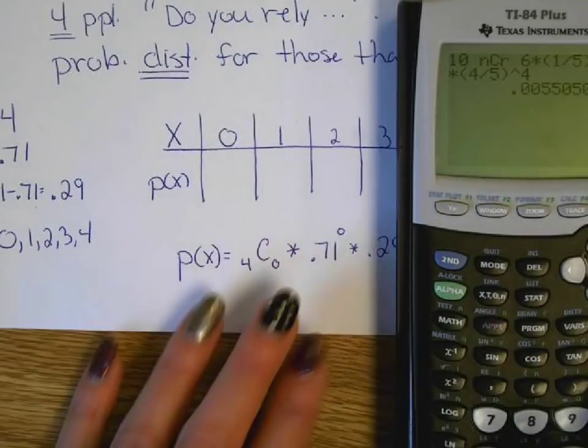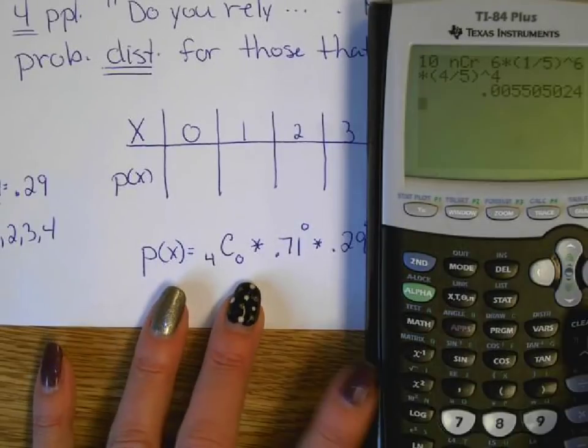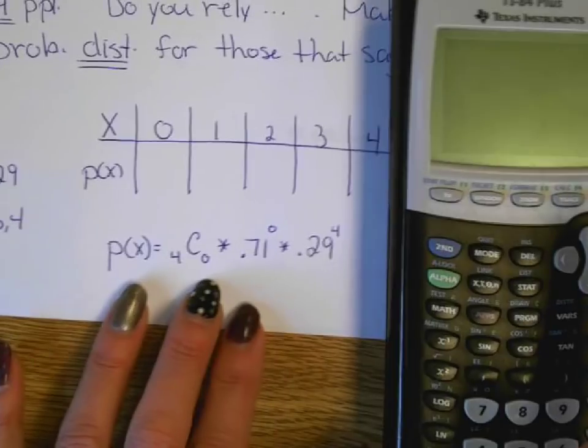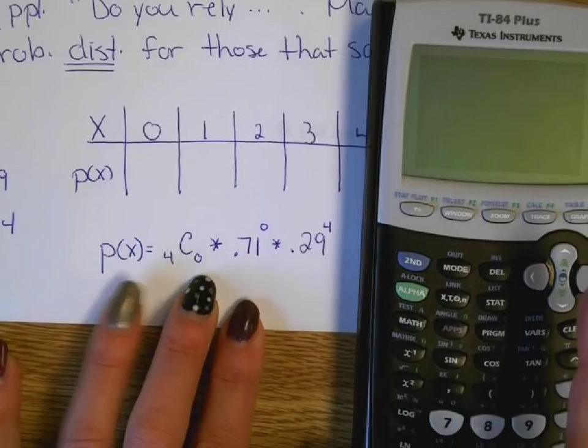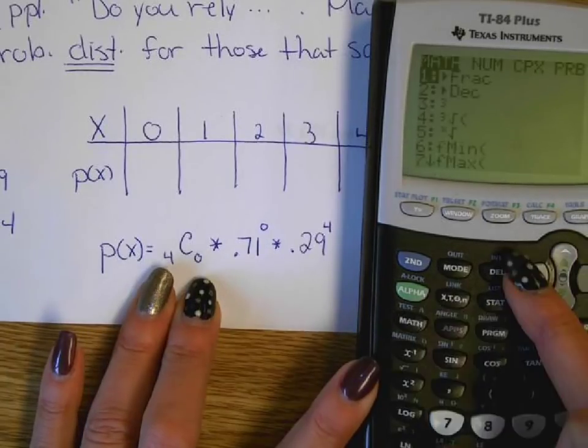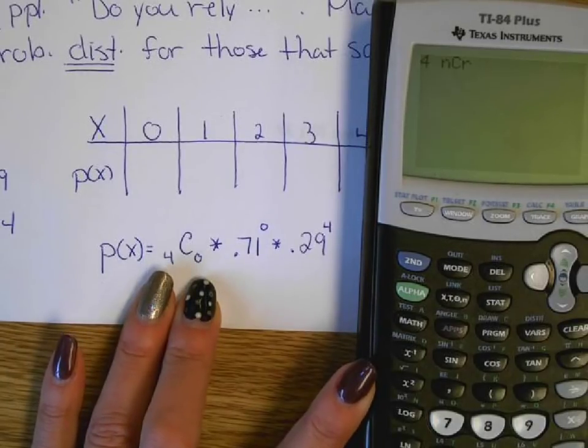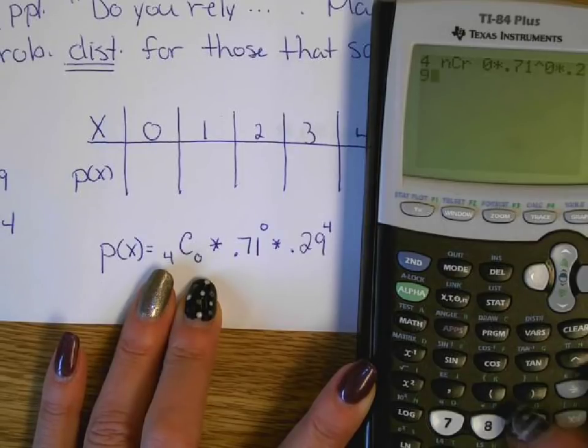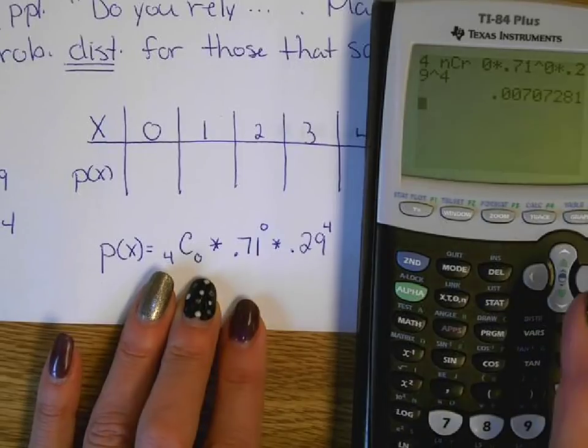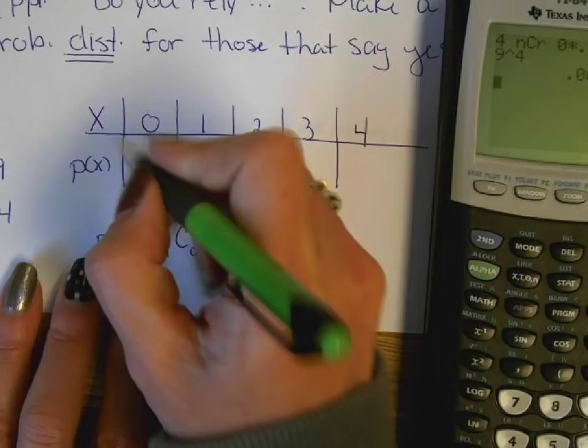Now I'm going to show you a slight shortcut. So we've got 4 nCr 0 times 0.71 raised to the 0 times 0.29 raised to the 4th. So that probability is 0.007.